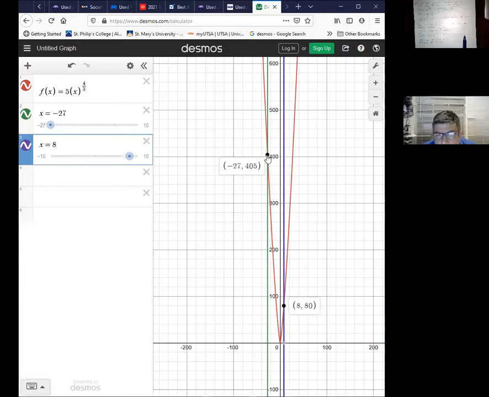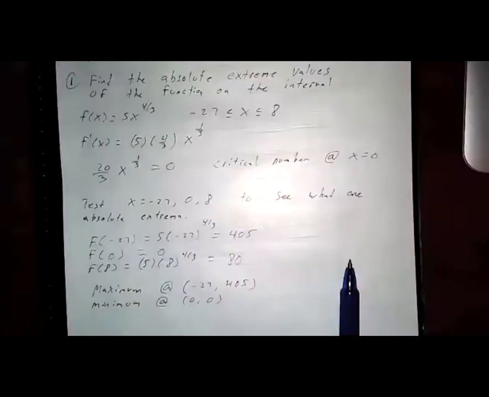So this is my highest point. My lowest one is way down here. This one was disregarded because it's not as high as this guy, right? Even though it was considered to be critical. So boundary values, -27, 8, those could be extremas, absolute extremas.